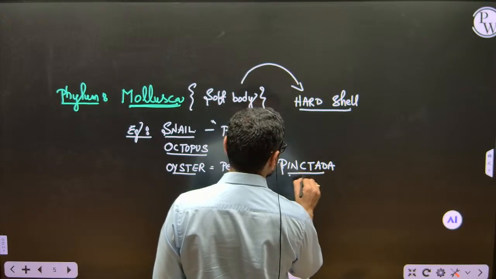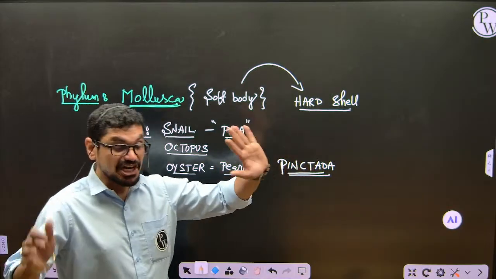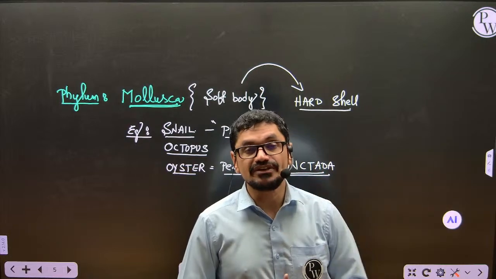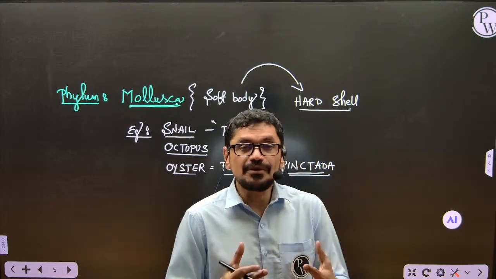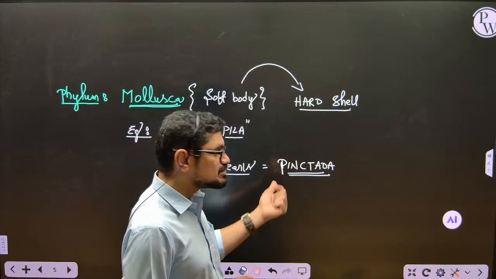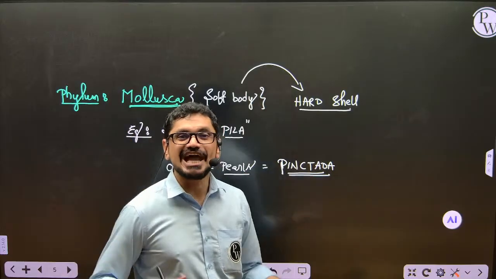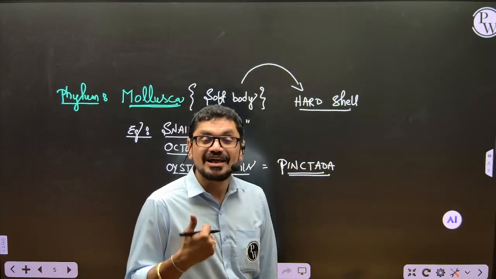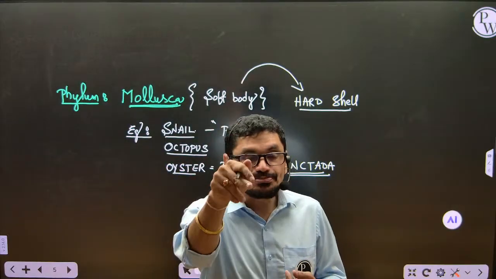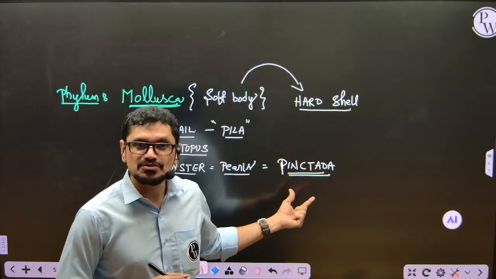Once again, my dear friends, please don't think these words are very difficult to learn. Initially they will be difficult, but you have to learn the scientific names. Feel happy that the pearl chain you are wearing, those pearls are extracted from this animal called Pinctada. I am feeling very happy because today I came to know that the pearls human beings wear are produced from a small, beautiful animal.